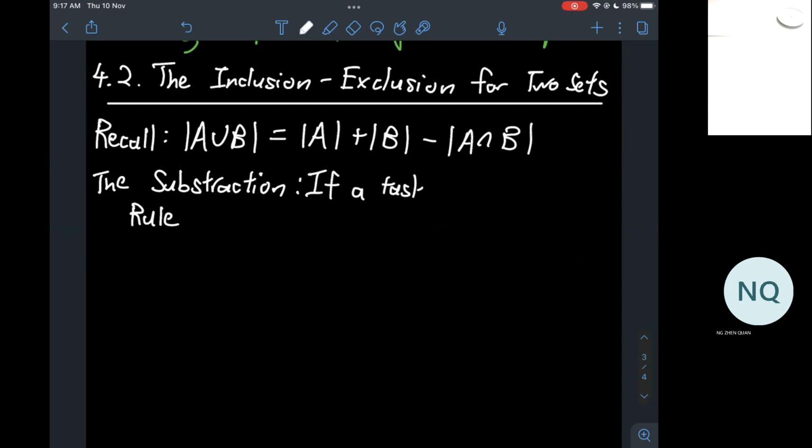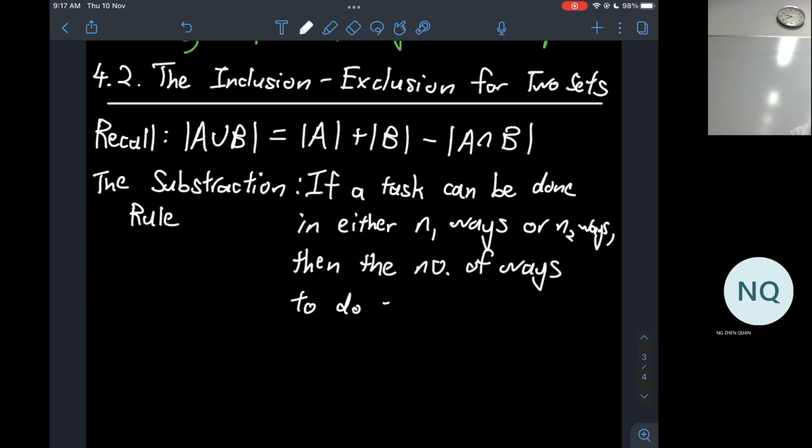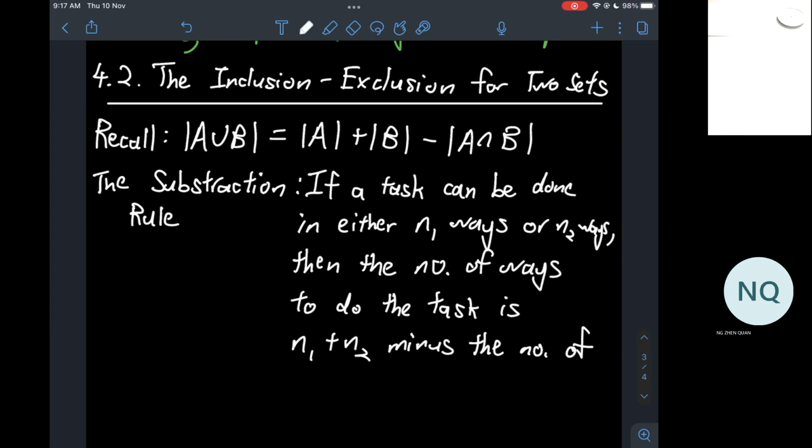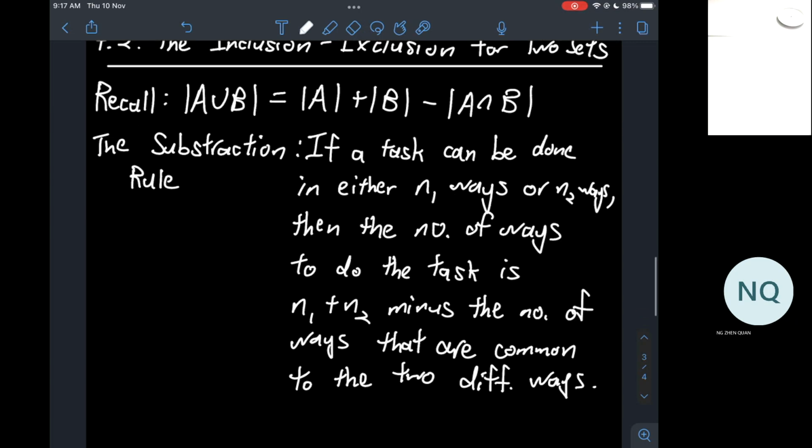Put into words: if a task can be done in either n1 ways or n2 ways, then the number of ways to do the task is n1 plus n2 minus the number of ways that are common to the two different ways. So you take away the common ways.